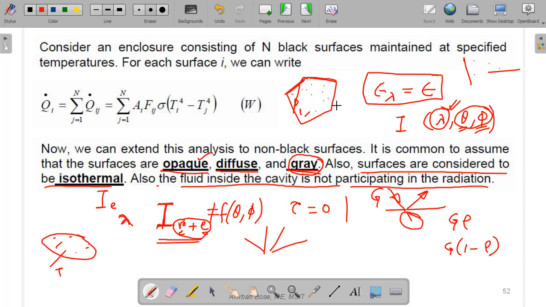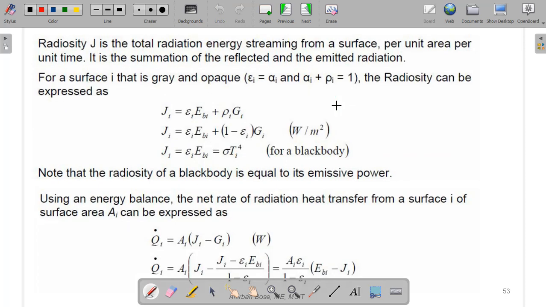How can we find out the net heat transfer from one surface to another surface if they are non-black in nature? For that, you know already that if you consider this is a surface, one portion is the reflected part, that is rho into G, and another part is the emission part.